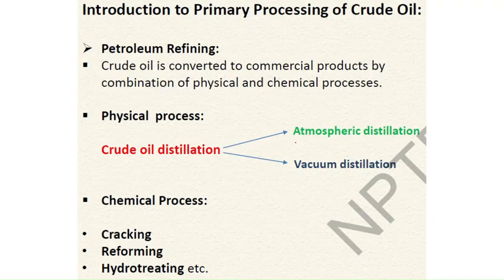Basically, distillation is done. The first one is atmospheric distillation, and the second one is vacuum distillation. From the name itself, it shows that one is done at atmospheric conditions and the other is done in vacuum.